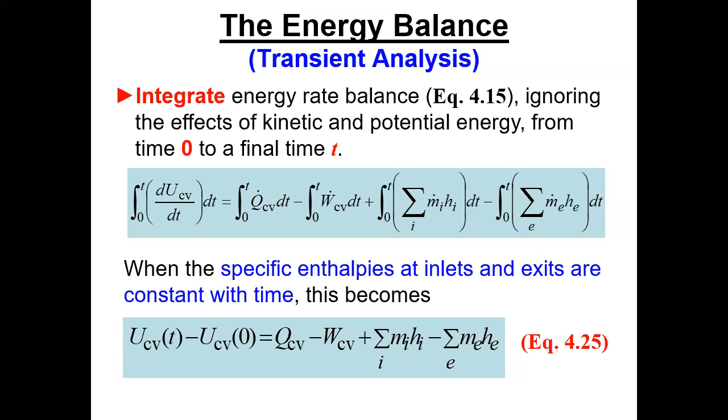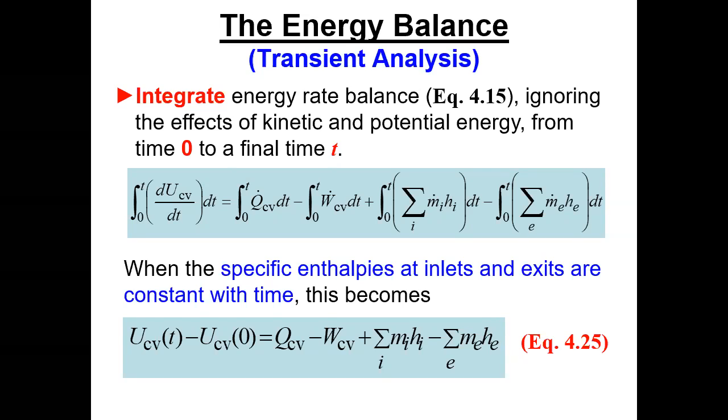Because we've done that integral, we're assuming that those enthalpies are constant, so that h_i and h_e have been pulled through the integral sign. If that enthalpy changes with time, then you're going to have to go back and actually do those integrals, and it makes the problem much more complicated.